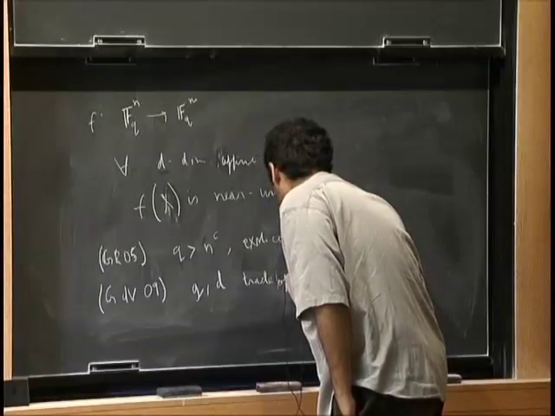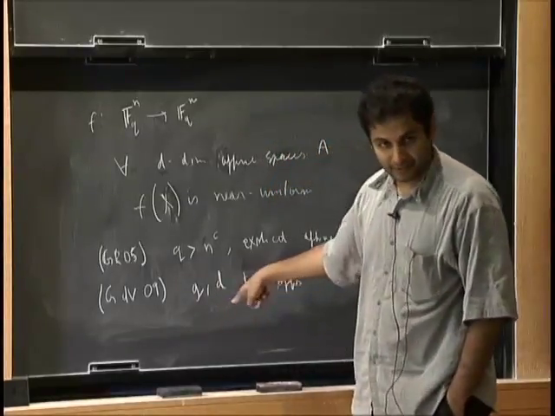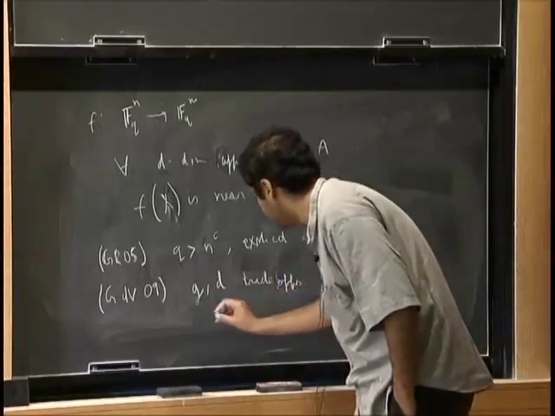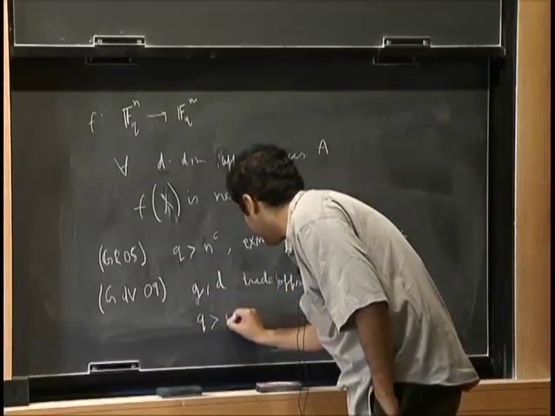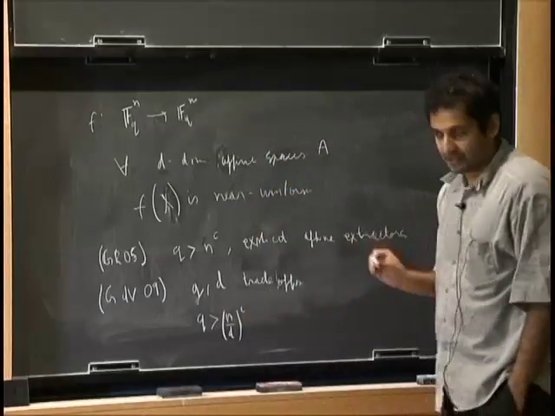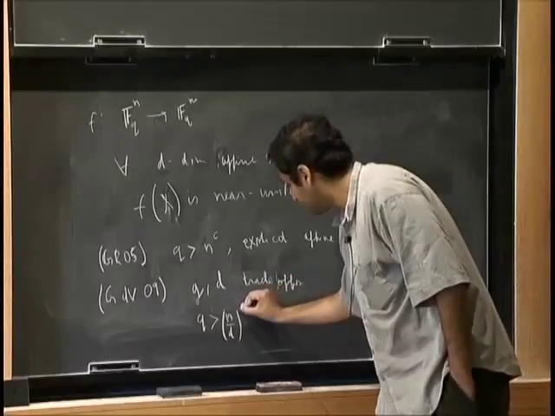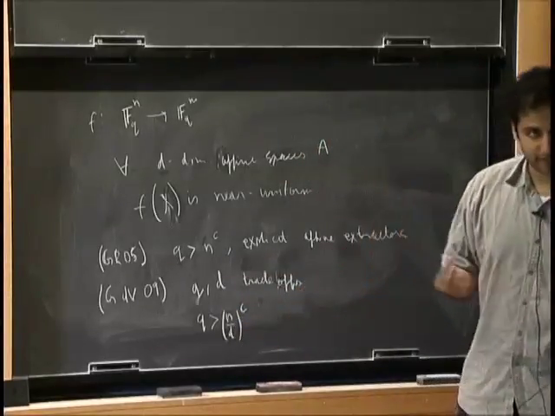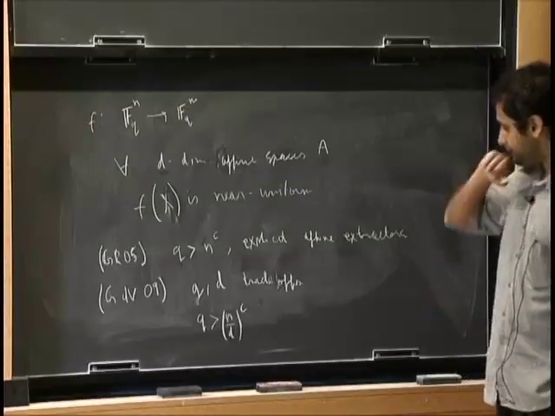Q bigger than some power of n over d. So q bigger than (n/d)^c. Right. So for delta n dimensional spaces, you need q being just (1/delta)^c for a constant.